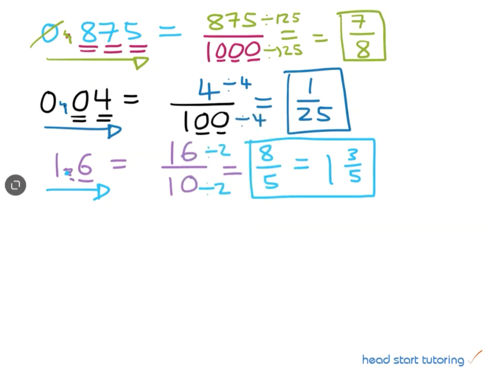Let's have a look at 2.5. 2.5 again is going to be out of 10, and we ignore the decimal point, we end up with 25 over 10. Now we just need to simplify.